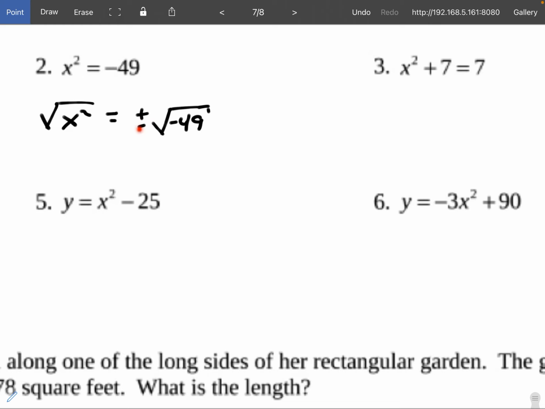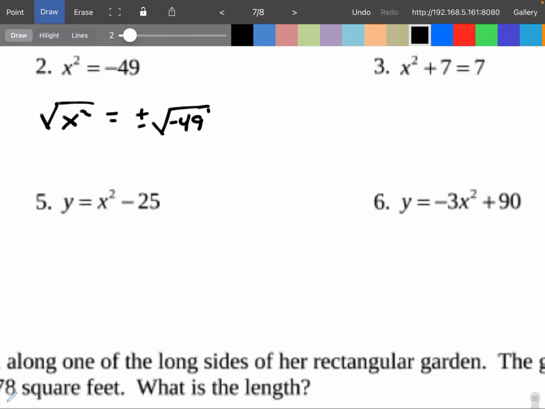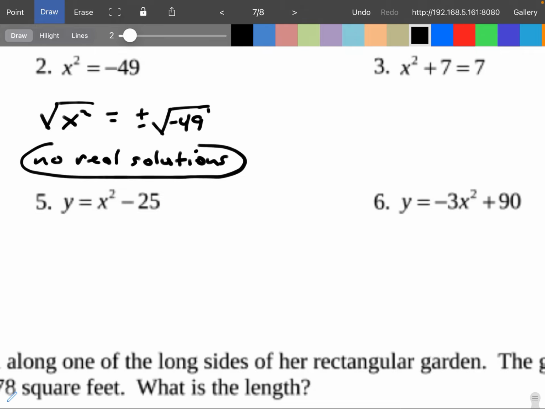You cannot take the square root of a negative number. You can have this negative out in front right here, that's okay, but you can't have a negative inside of a square root. There is no number times itself that equals negative 49. So that means this one has no solution. Really, no real solution. So no real solutions.